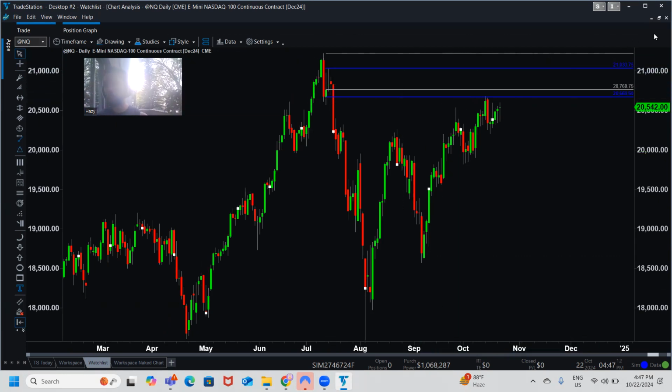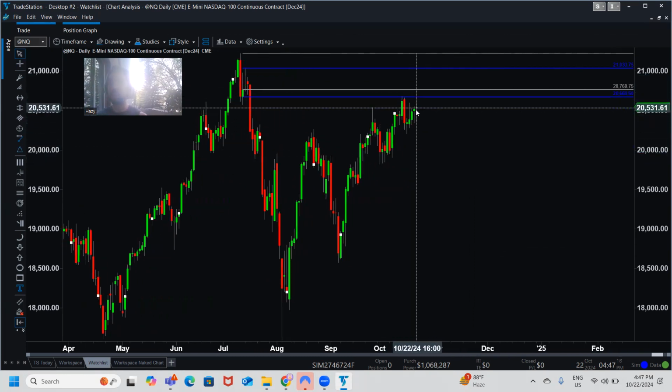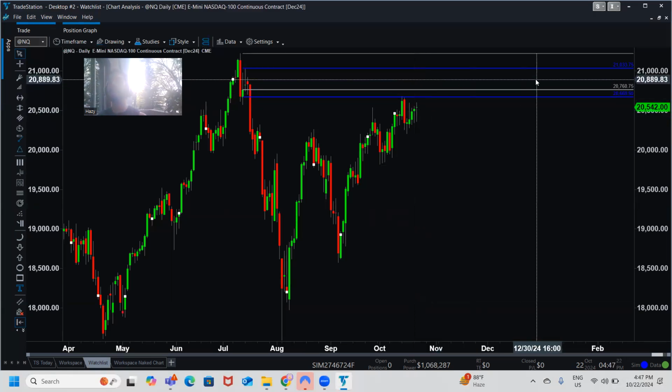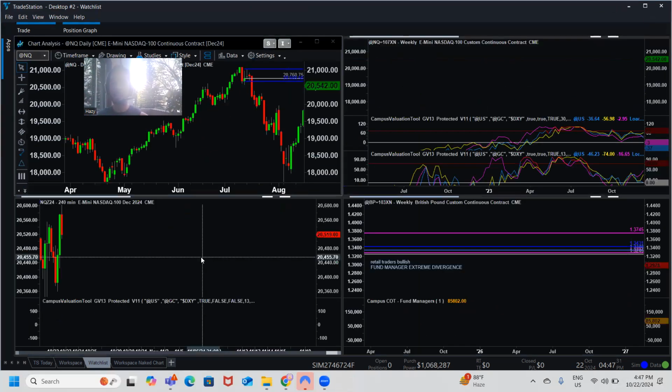So that's something we have to look out for, because ideally I would have loved for price to come into that supply zone and react, but it only reacted off this daily supply zone. So that's something we have to consider.